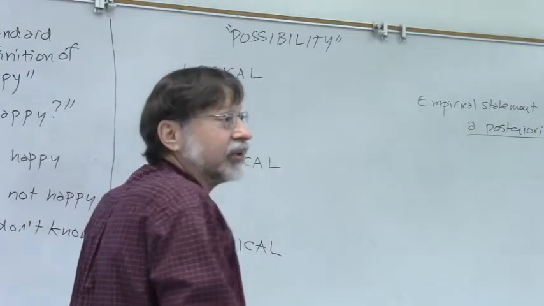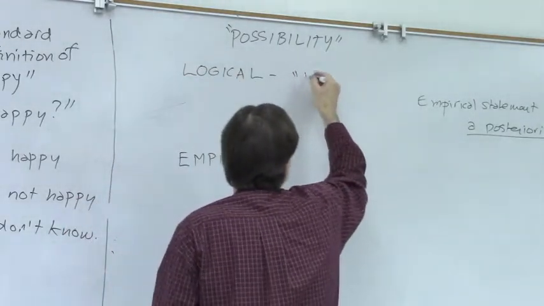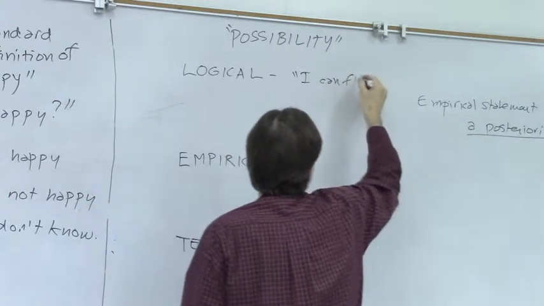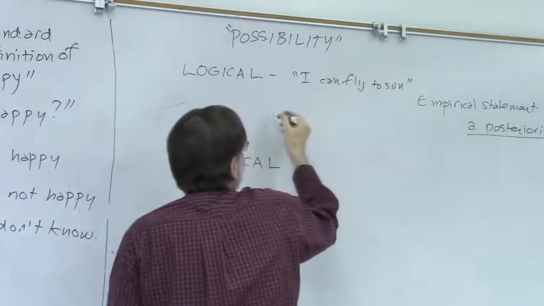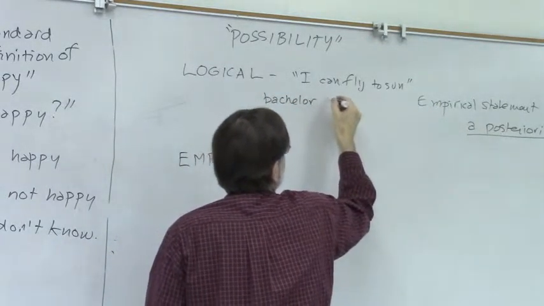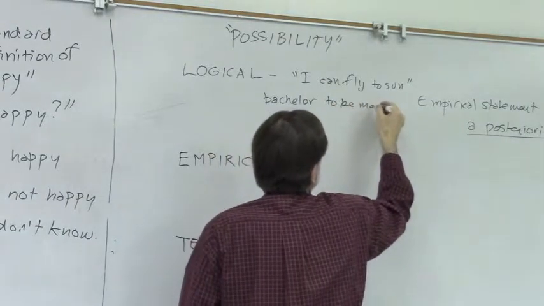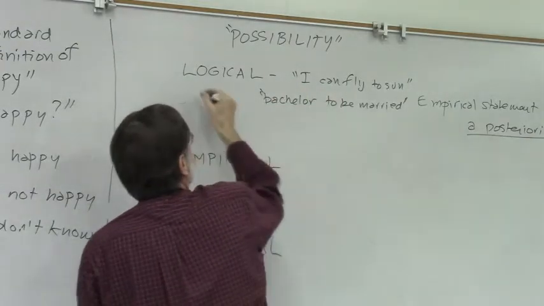It's logically possible that I could fly to the sun and back. So it's logically possible. But for a bachelor to be married, that's logically impossible.